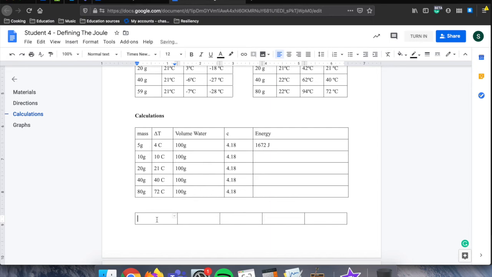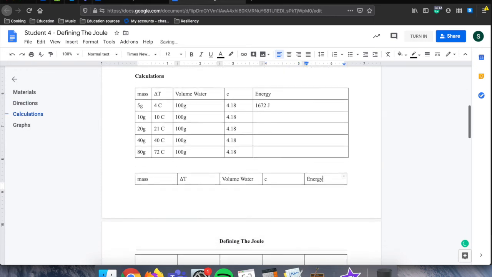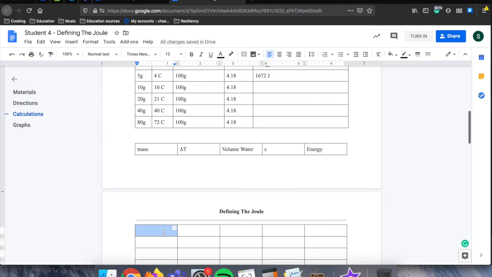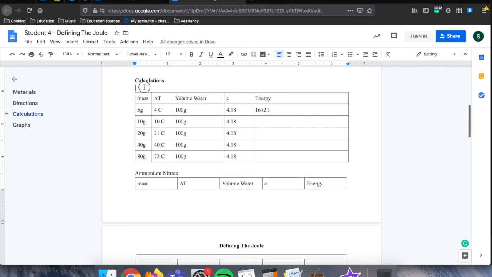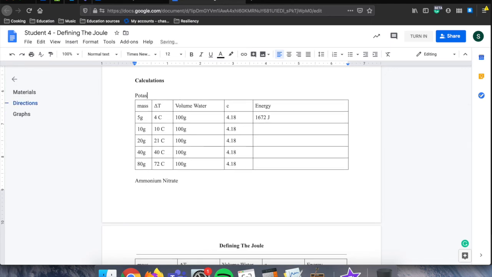And this one is going to be the same thing, same things at the top. Is that delta T? Just grab that from me. Volume of water, and then specific heat, energy. And then here, this is going to be for the ammonium nitrate. So put ammonium nitrate right there. Put potassium hydroxide right there.